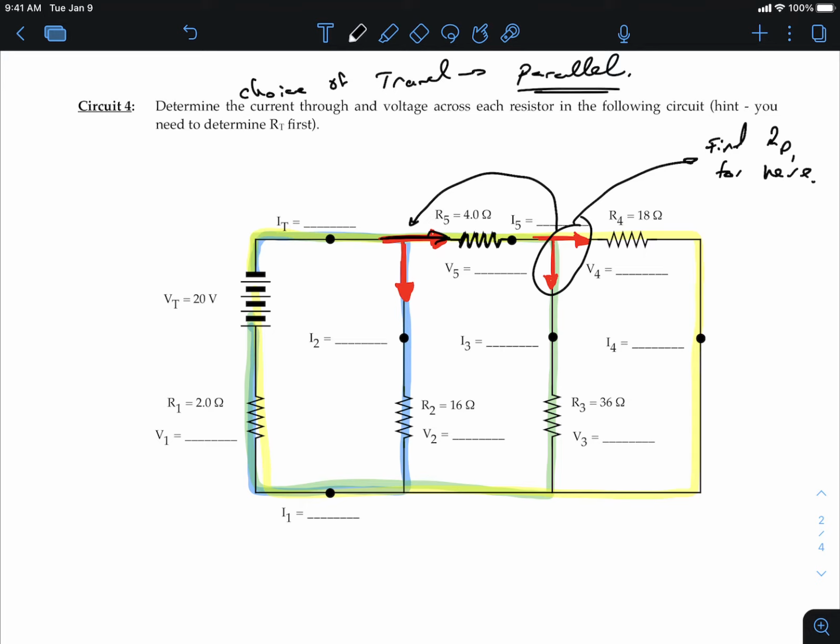All of them are going to experience this 4 ohms of resistance, in addition to, after they get through there, all 12 of this. And so we need to incorporate that. If the electrons choose this green-yellow path, they're going to experience that 4 ohms of resistance no matter what.